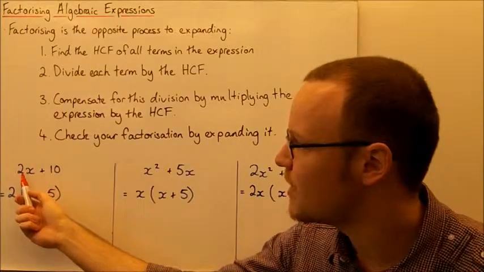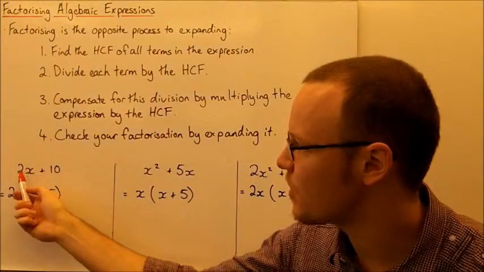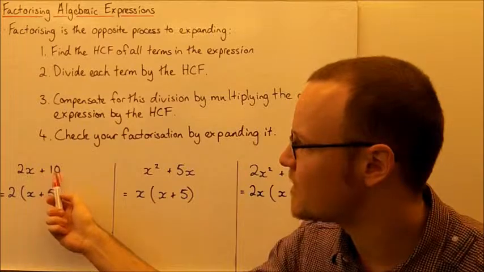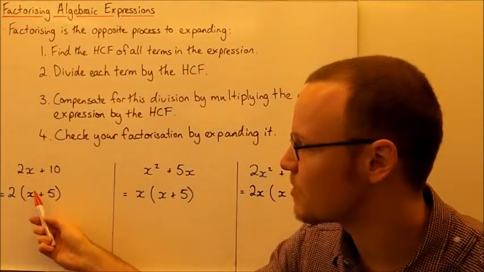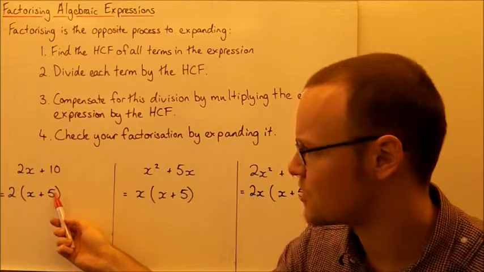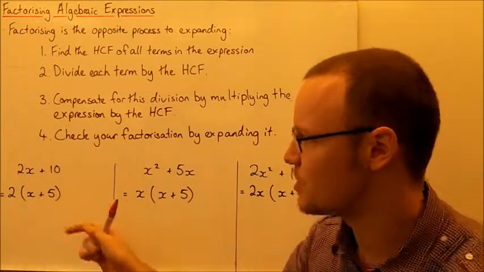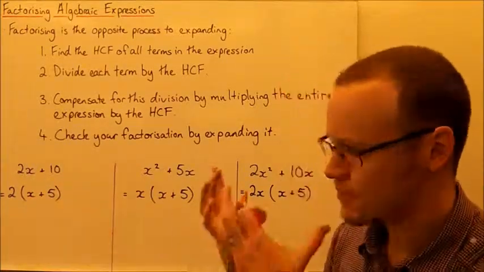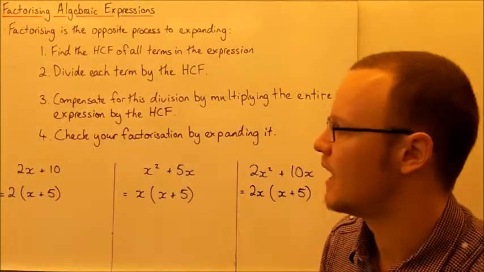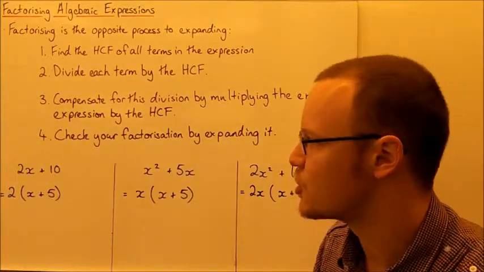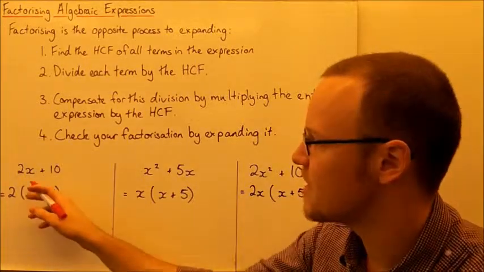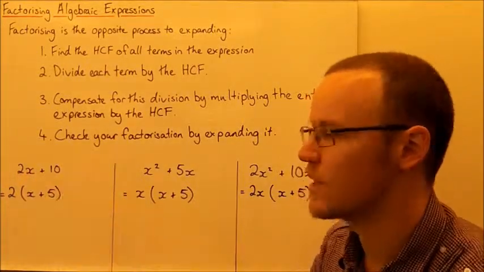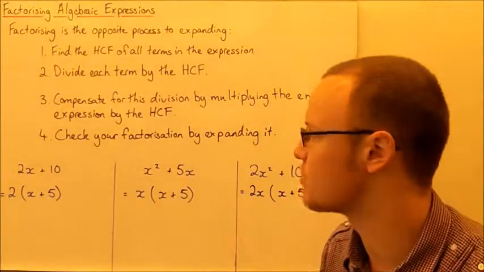If we divide the whole lot by 2, 2x divided by 2 is just x, and 10 divided by 2 is 5. Then, if we multiply the whole expression by 2, we've factorised our expression, and we can double check and expand it out to see that we've got it right. 2 times x is 2x, 2 times 5 is 10. So we can see that the expression is equivalent.